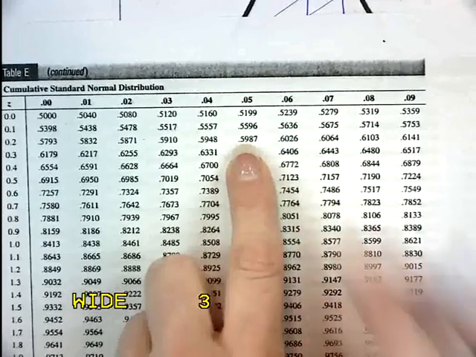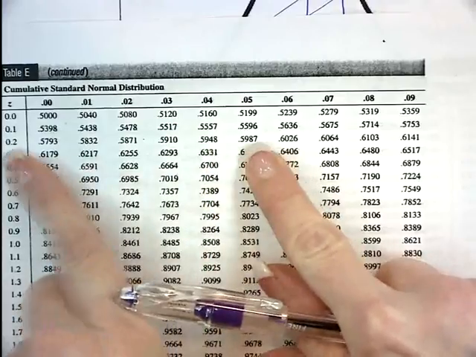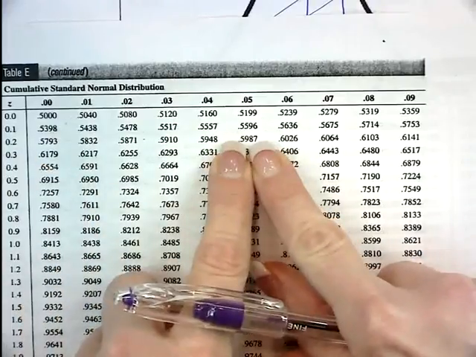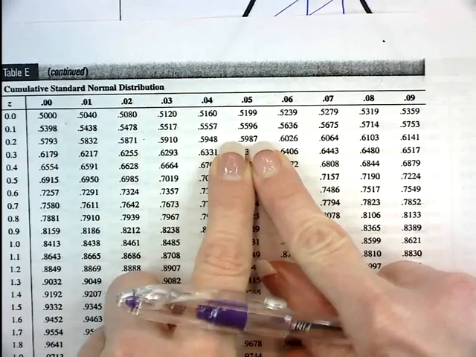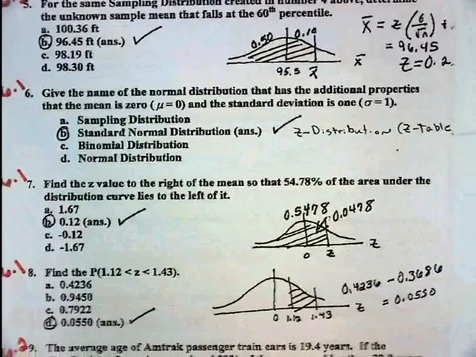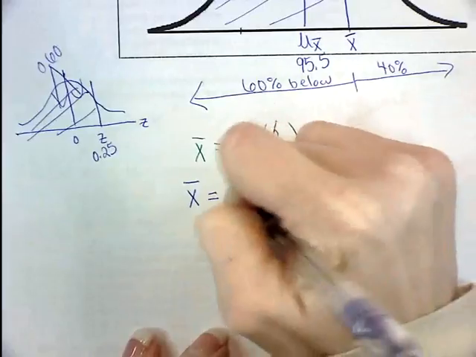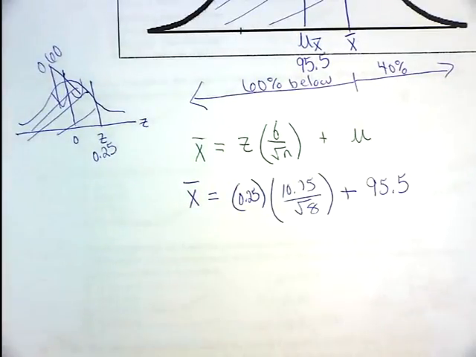And when you work your way out, you would have 0.2, and then up is 0.05. So 0.25 is the z-score there. 0.25. And I'm going to write that in the picture. 0.25. And then in the formula, the z-score is 0.25. That's the z-score that falls at the 60th percentile. 60% of the area is below it.